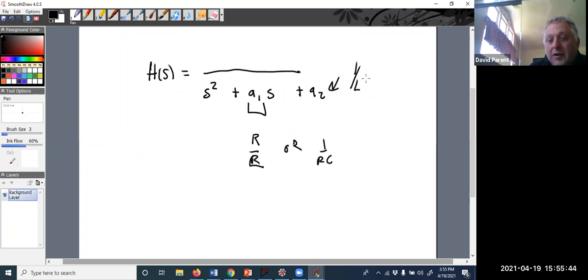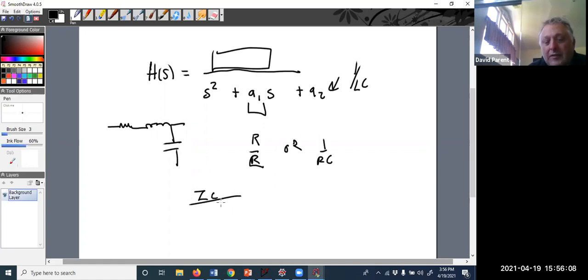That's always 1 over LC. And the numerator will be something different, right? But you can't just write, oh, well, that's the voltage division. So that's going to be ZC over ZR plus ZL plus ZC. It's true, but that's not the answer, right? You've got to come up with the transfer function, all right?